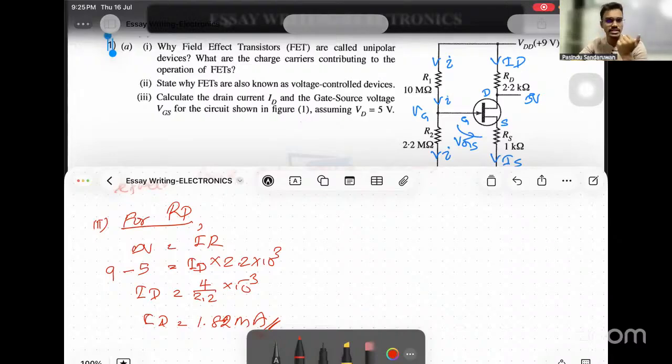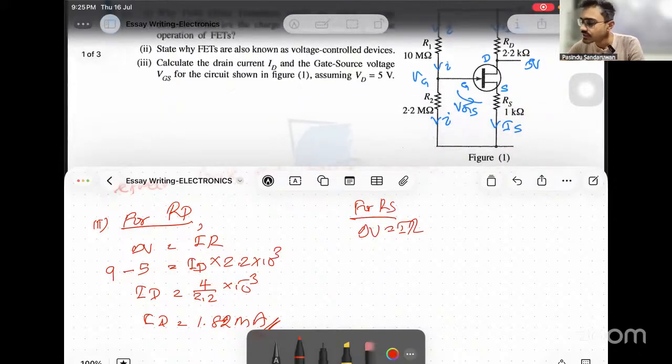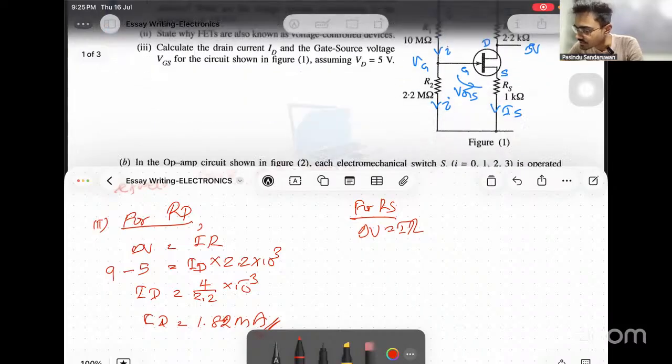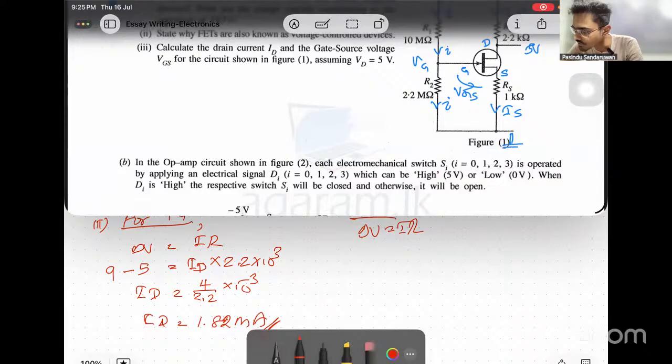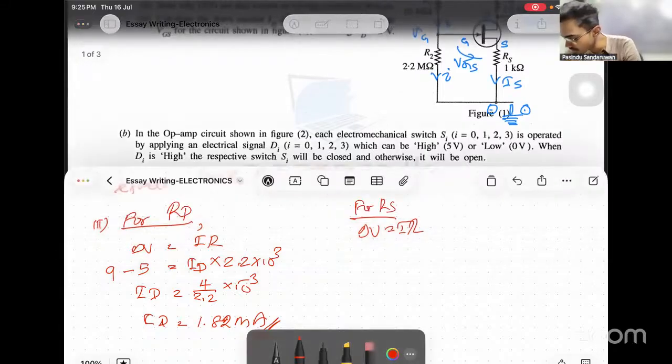We need VS and VG. To find VS, we can apply delta V equals IR again for RS. Delta V across RS: if VDD is given above, this terminal is grounded. Grounded means it is 0, so this point is at 0. Then VS minus 0 equals IS times RS.